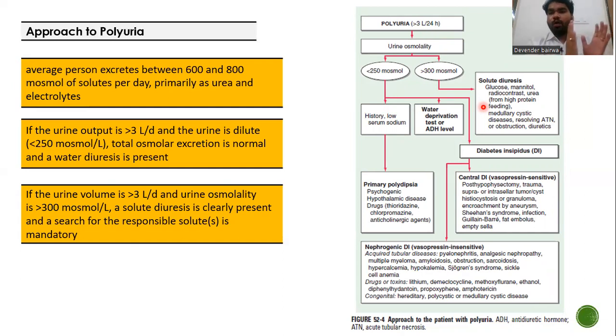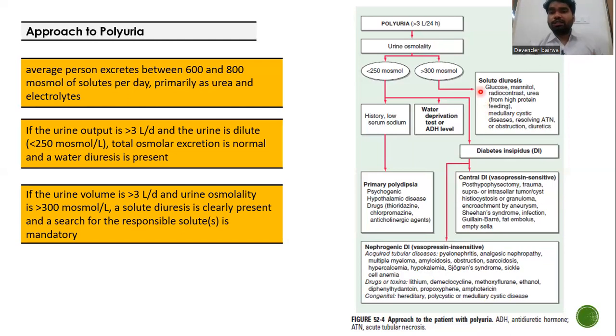In such a case, we call it osmotic diuresis, because lots of osmotically active molecules are there in the urine, and when they are being excreted from the kidney, they are taking lots of water with them. In that case, there will be more than 3 liters per day of urine along with more than 300 milliosmol of urine osmolality. High osmolality, high volume of urine is equal to osmotic diuresis.